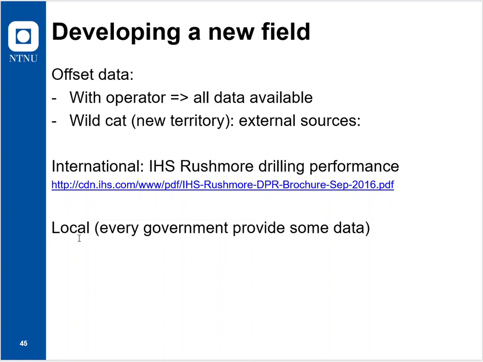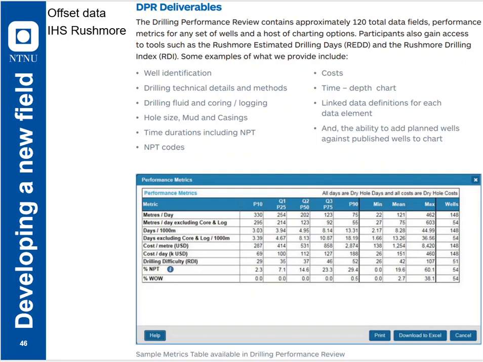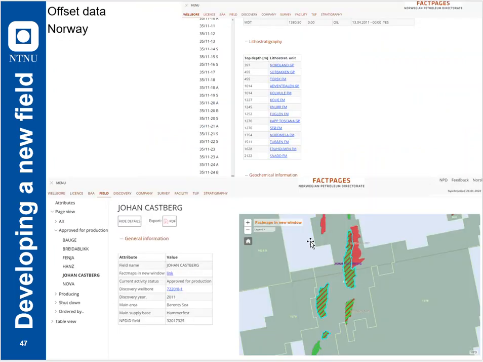Let me see. Local governments' data. You'll find that in many countries. In Norway, well, this is what you find with Rushmore, and there are others you can find with the local authorities.